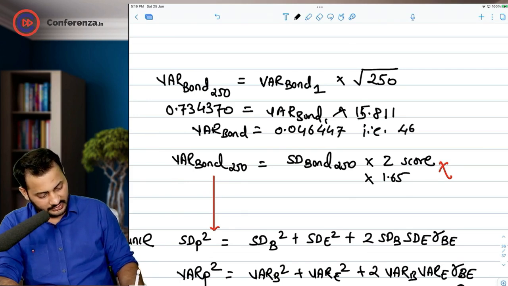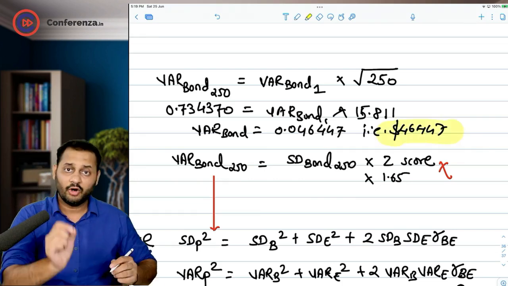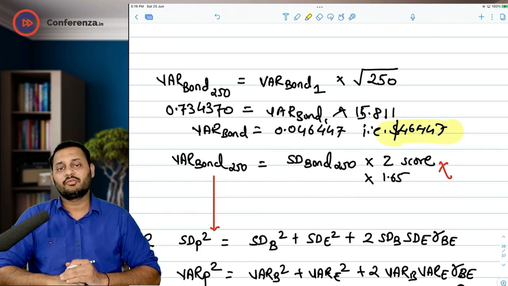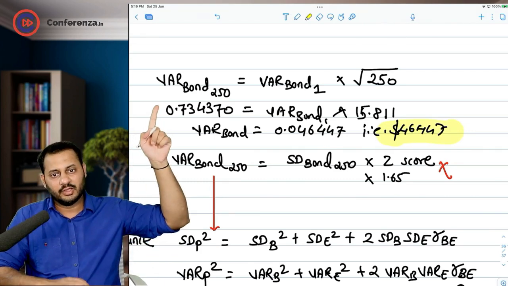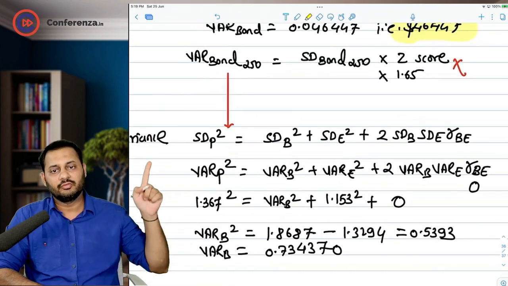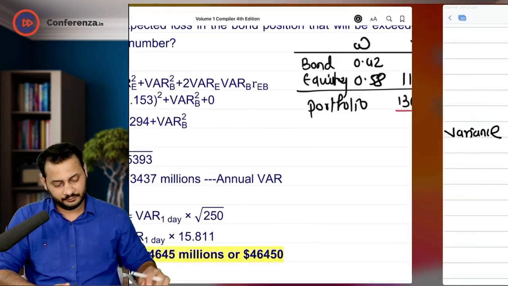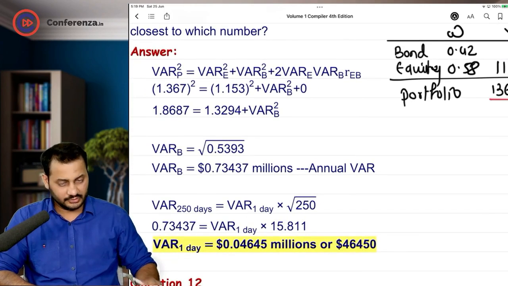That is $46,447, the VAR for 1 day of the bond. So for 1 day, first we calculated per annum VAR, and for per annum VAR, we had to follow this method. That's it. This is the answer, 46,450.